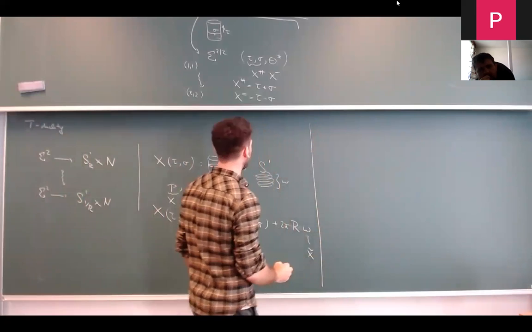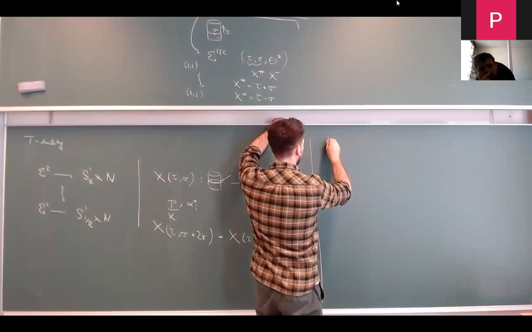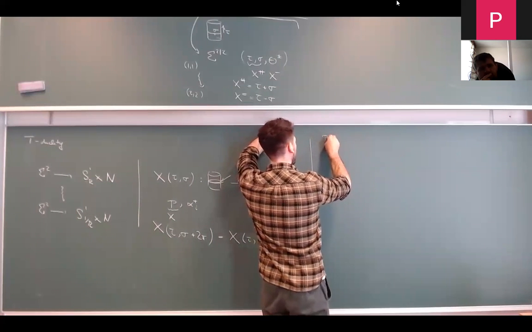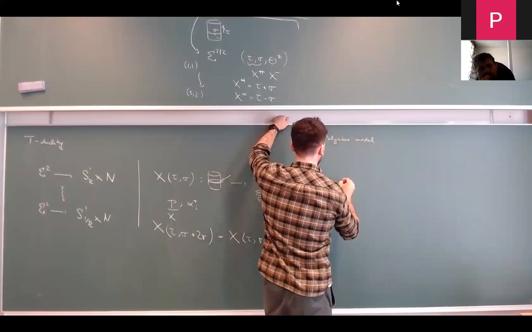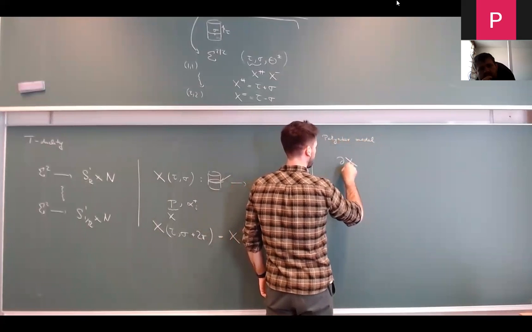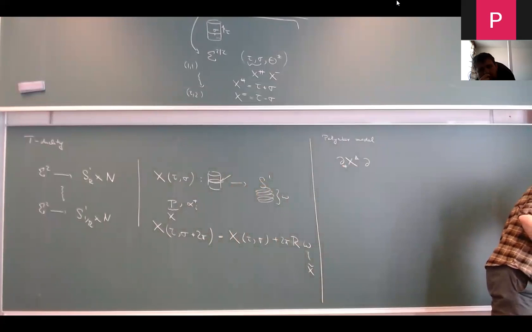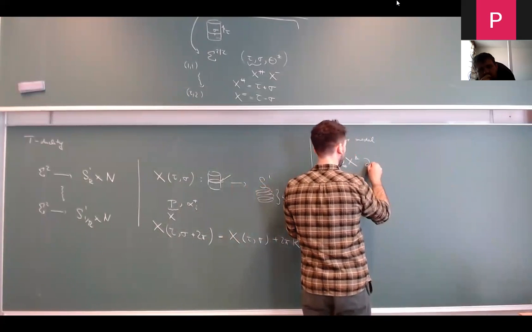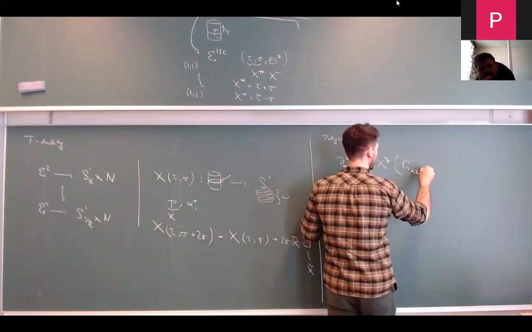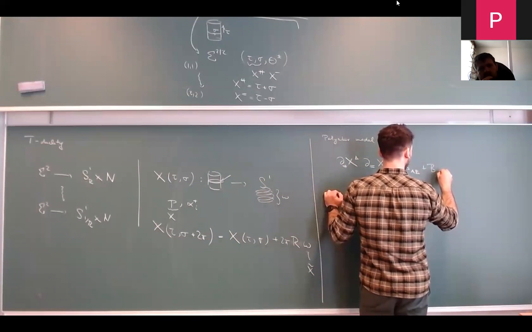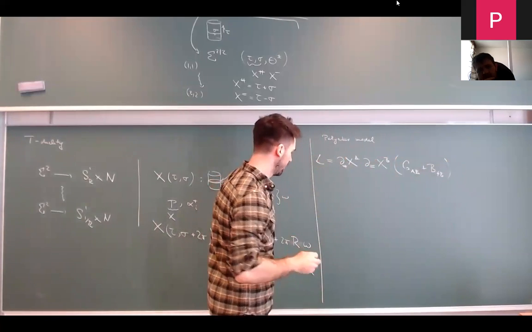So how does this work with those isometries I was talking about? If I start again with something very familiar, this would be my defining Lagrangian, right?